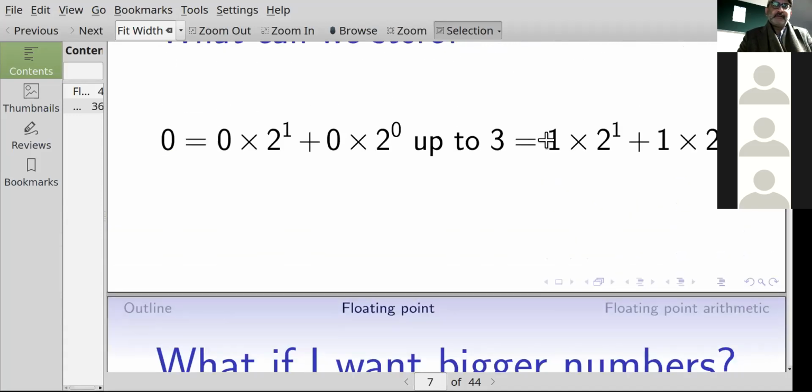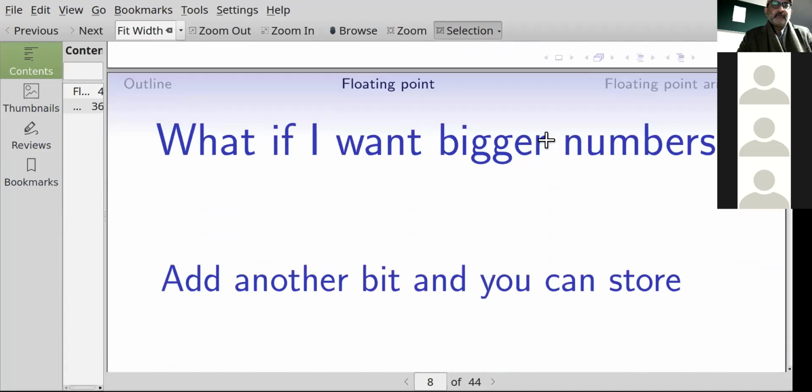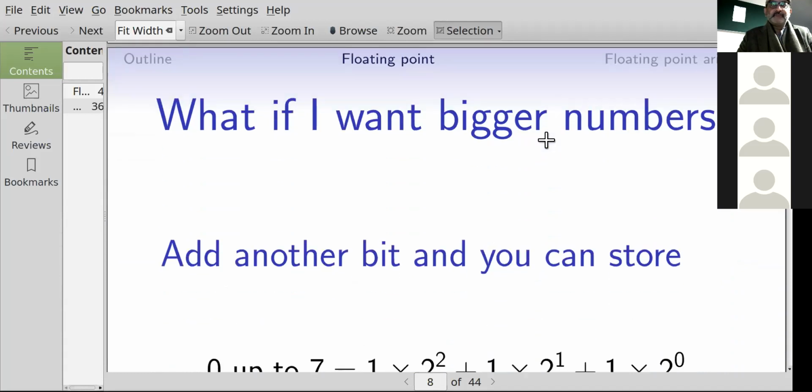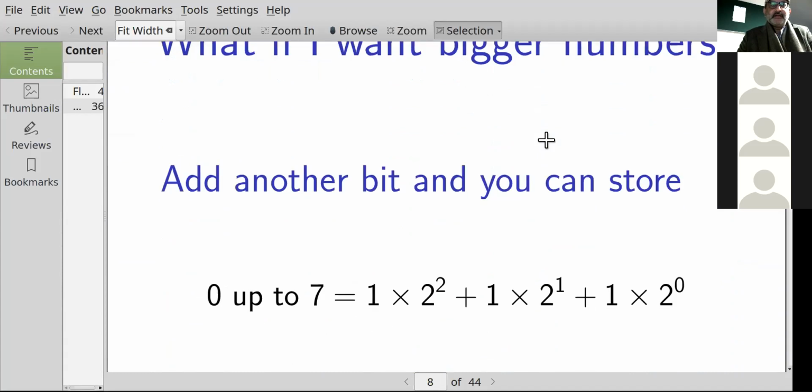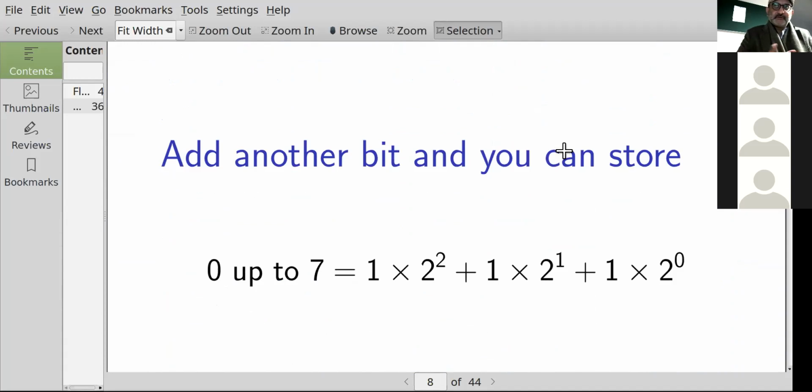Now you say, well, what if I want 5? I want to store bigger numbers. All right, well, we'll add another bit. If I say I'm going to use 3 bits for storage, each bit can be a 0 or a 1.